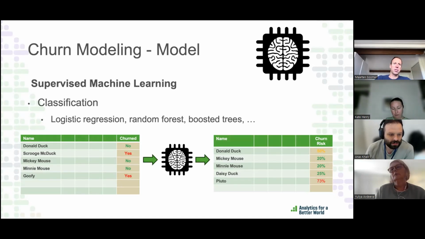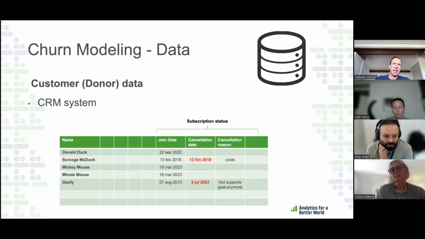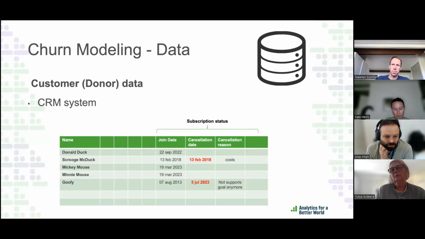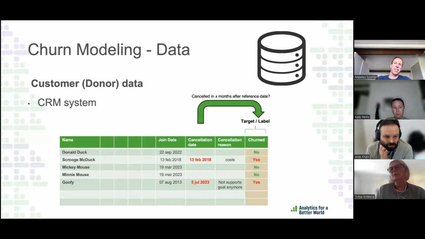From already churned customers, it is very important to have this similar kind of data that we show here. All this data also from churned customers in the past, because what we want our machine learning model to learn is how churned customers behave. Is there some behavior shortly before they churned or a while before they churn that gives an indication that they will churn?